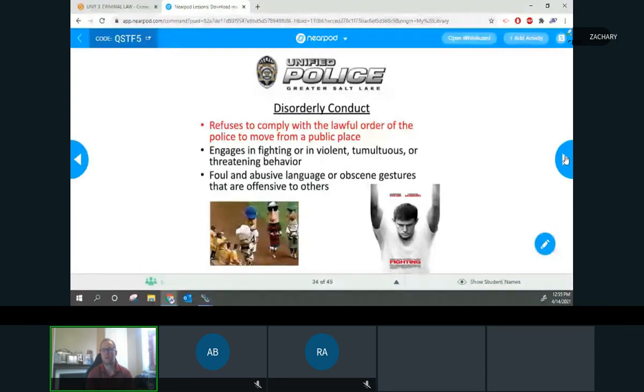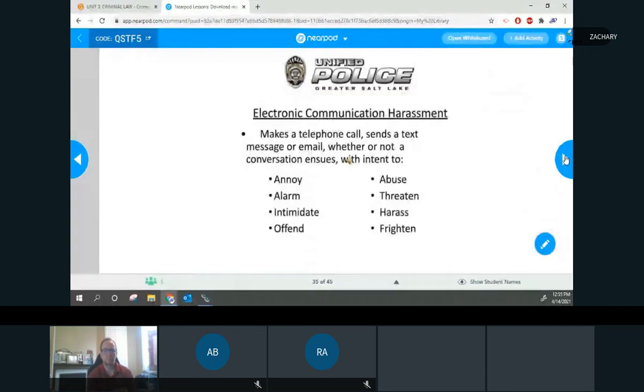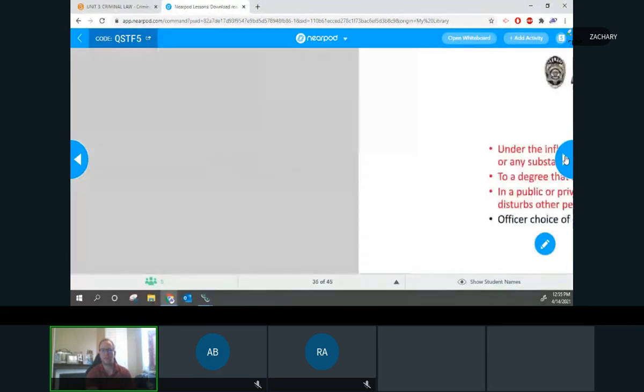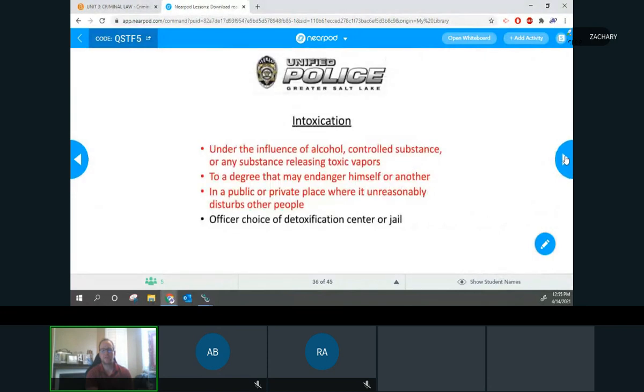There's a difference between peaceful protest and when mobs break out. Okay, electronic communication harassment. Harass people with alarms, offensive stuff, bad pictures being sent, that kind of stuff. We talked about intoxication. You hopefully know that. Just anything that you put into your body and then you're in public and you're being disruptive and unreasonable.